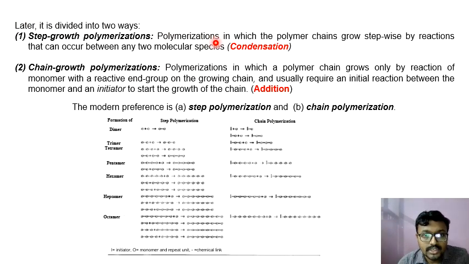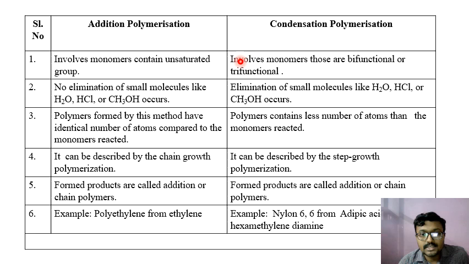Condensation polymerization reaction is called step growth polymerization reaction, and addition polymerization reaction is called chain growth polymerization reaction. Now, this table discusses the difference between addition polymerization and condensation polymerization.